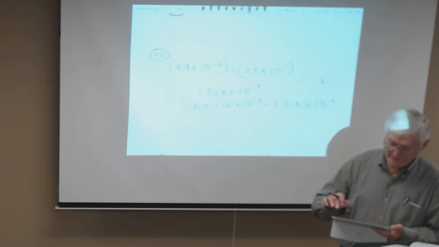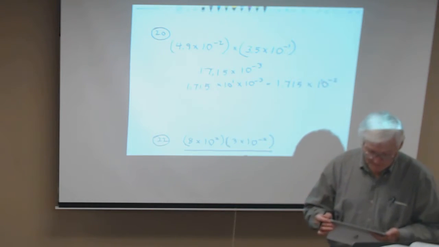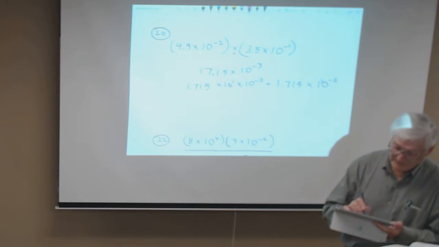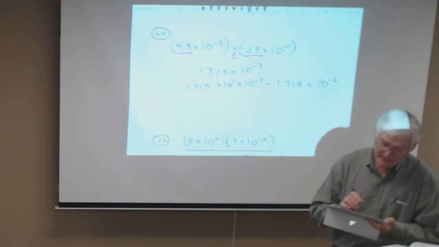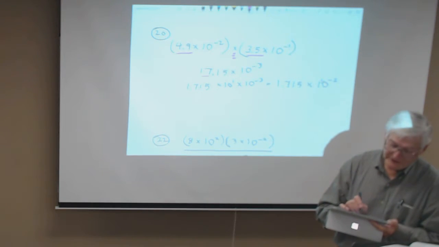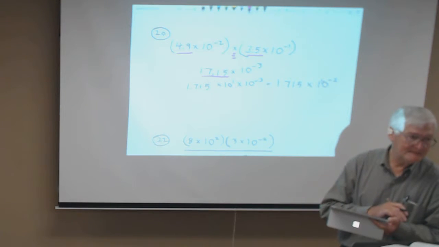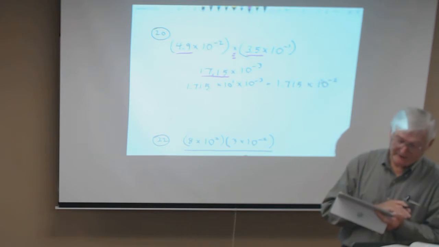Number 20. Another multiplication problem. And this time, I take 4.9 times 3.5, and what do you get? Did you get 17.15? Or did I make a mistake?